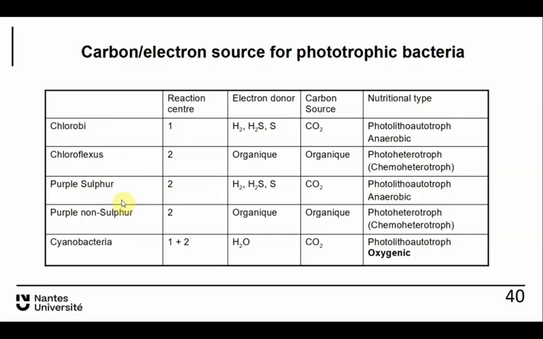Whereas the green and the purple non-sulfur bacteria, these are photoheterotrophs. So they get their energy source from light. However, their source of electrons and carbon for their metabolism must be organic carbon.